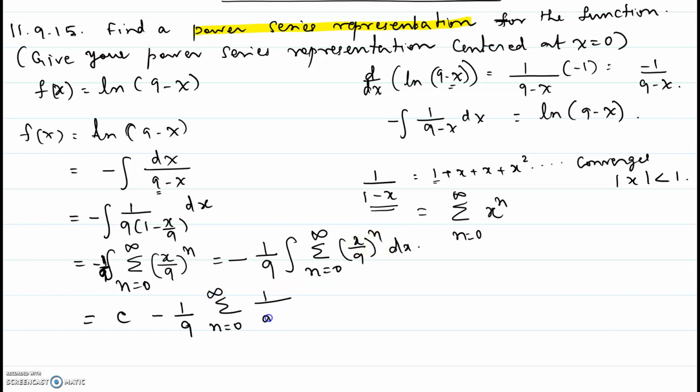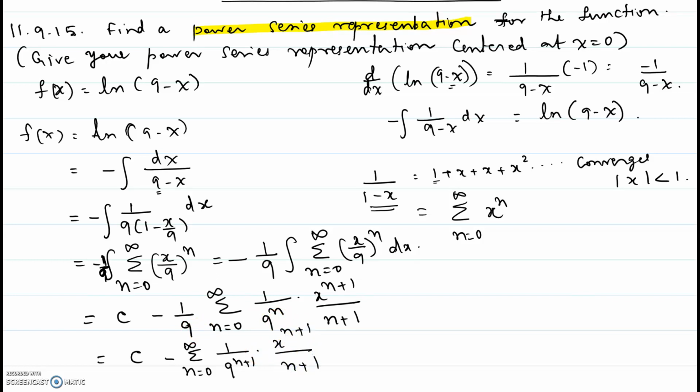So it will be 1 over 9 to the power n, which is a constant, then x to the n plus 1 over n plus 1 when you integrate that expression inside the sigma sign. So we can write this as c plus sigma n varying from 0 through infinity, 1 over 9 to the power n plus 1, if you move the 9 inside, times x to the n plus 1 over n plus 1.